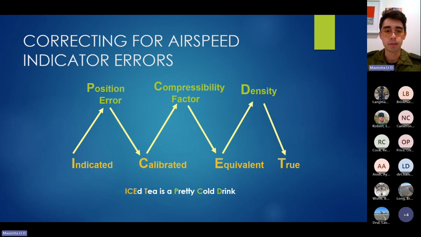And equivalent to true airspeed, you need to correct for the density altitude there. So iced tea is a pretty cool drink. If they ask you on an exam, how do you get calibrated from indicated? The answer would be as simple as you correct it for position, right? So there's not much more to that.